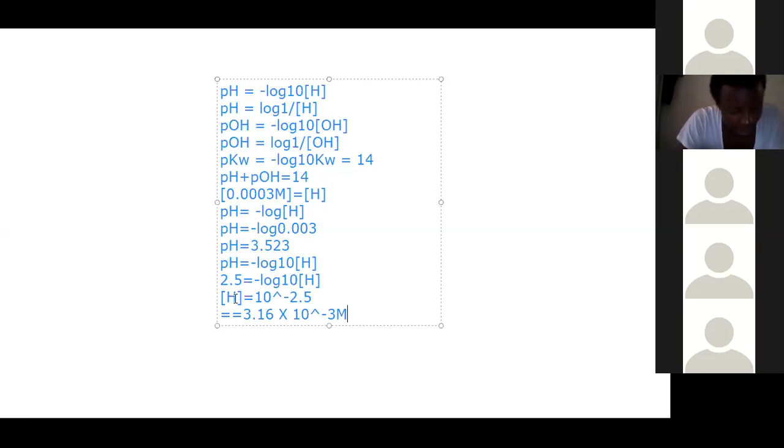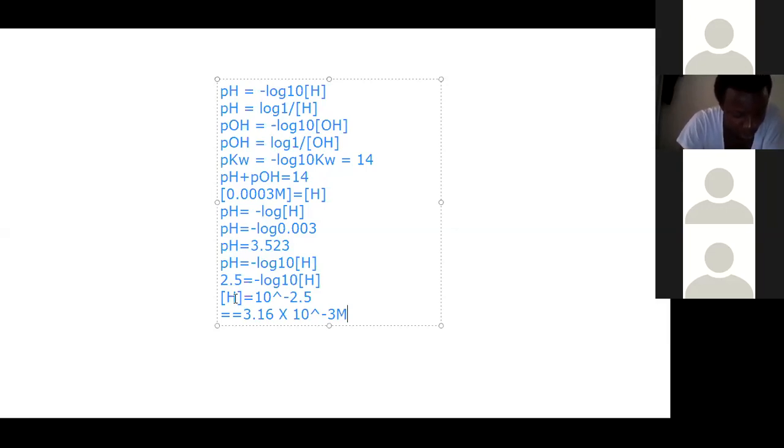Let's try this. Calculate the pH of aqueous solution of 0.05 mole per dm cube of HNO3.